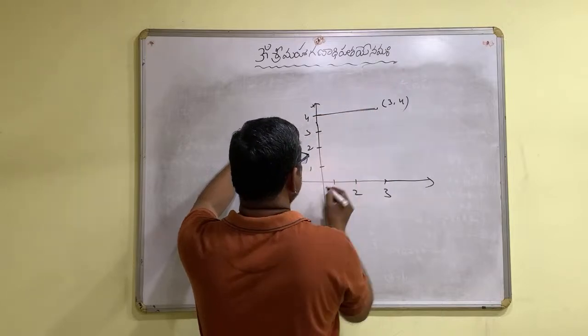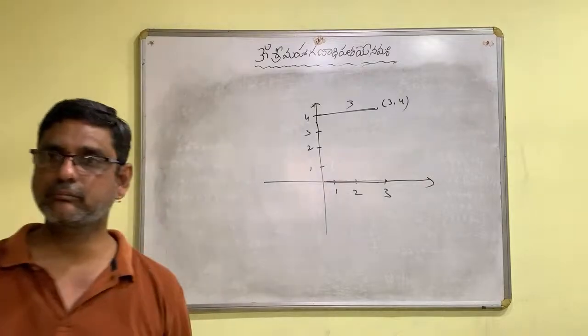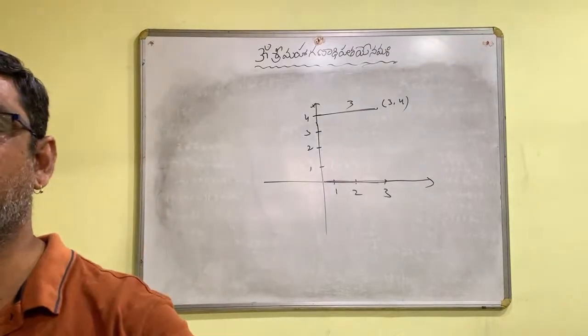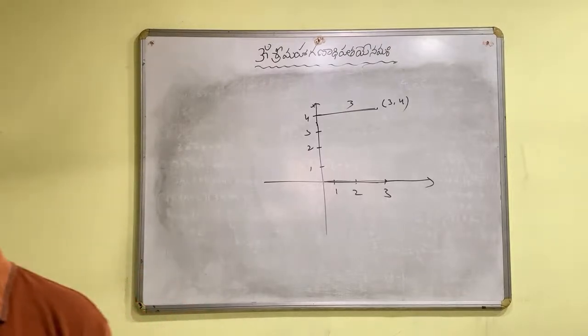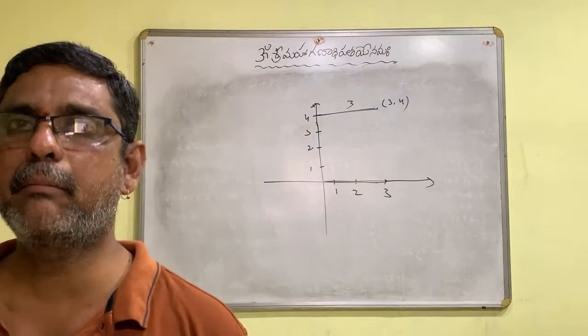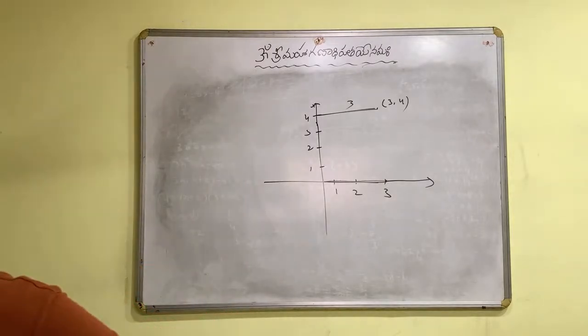This length is the same as this length, so 3 units. Understood, children? So the point 3, 4 is at a distance of 3 units from y-axis.